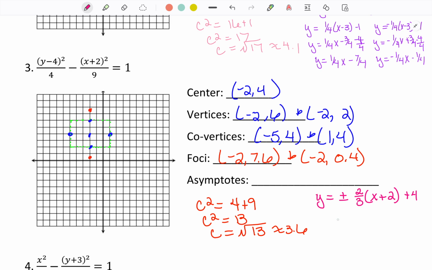So we will have y equals 2/3 x plus 2 plus 4. So we have 2/3 x plus 4 over 3 plus 4. And that is going to be 2/3 x, and then that's going to be a 12 over 3. So plus 16 over 3.